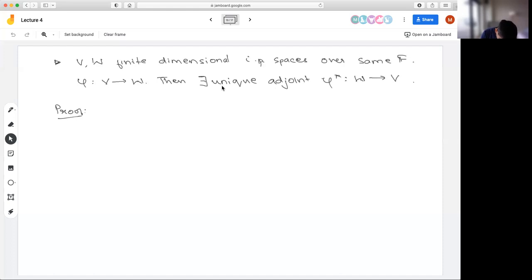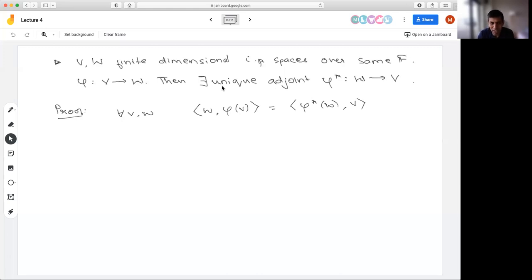So now let's remind ourselves of the property we want from the adjoint, or just the definition, which is the inner product of W with phi of V is equal to the inner product of phi star of W with V. So it has a flavor that we want to write something as an inner product with V. Previously, we were doing this for a linear transformation that maps to a field element.